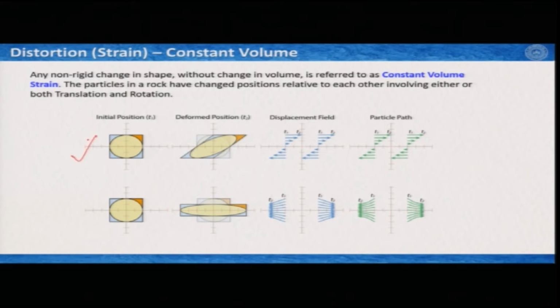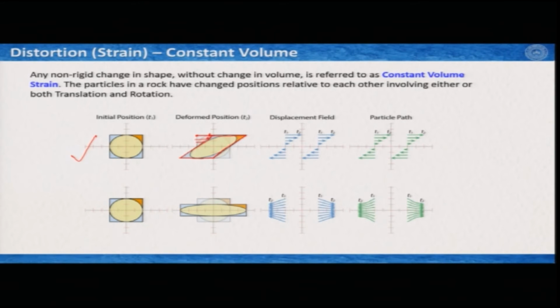This is your initial position or initial shape or form, and then if I make this object like this without changing the volume, that means it is a constant volume strain, then the particle paths, the displacement field would look like this.